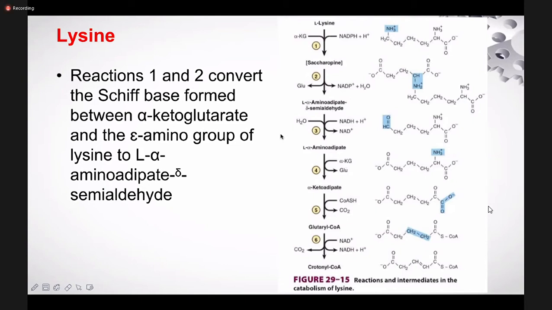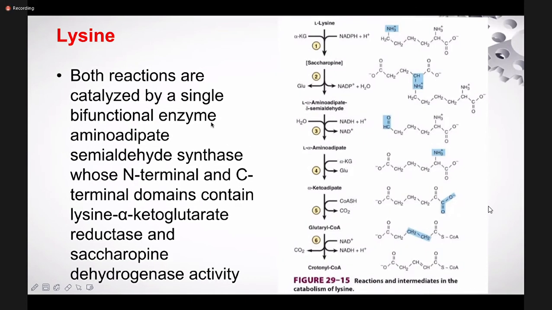So that is the initial reaction in catabolism. The Schiff base is then converted to aminoadipate semialdehyde. Both reactions, 1 and 2, are catalyzed by a single bifunctional enzyme, aminoadipate semialdehyde synthase.